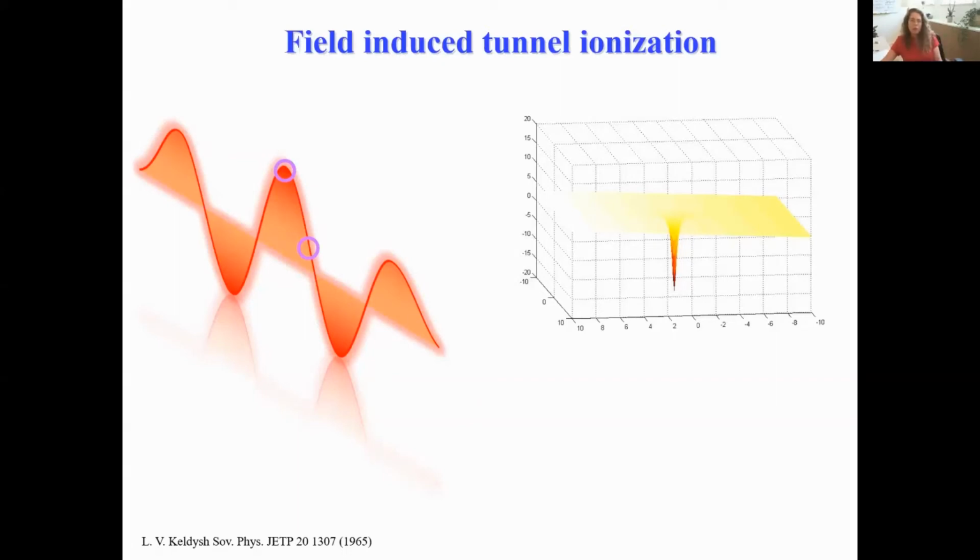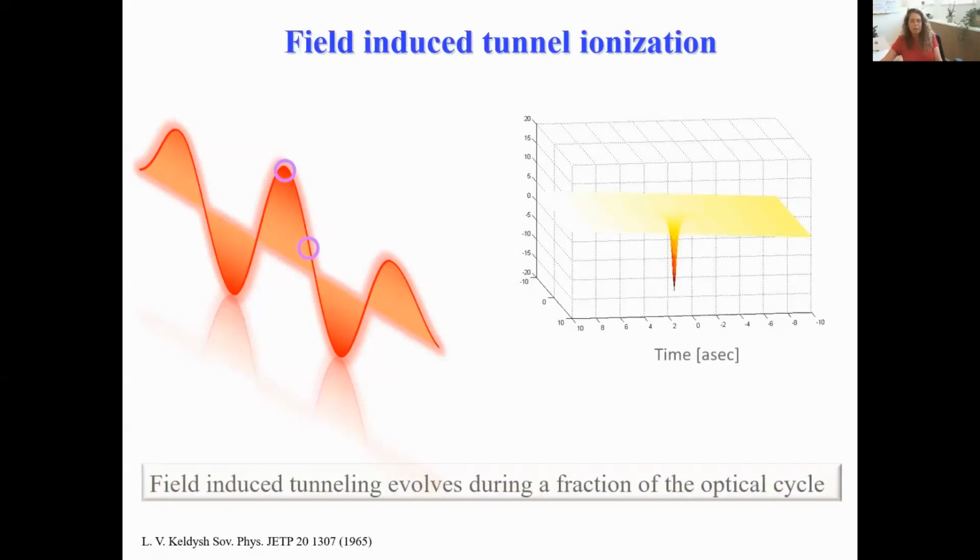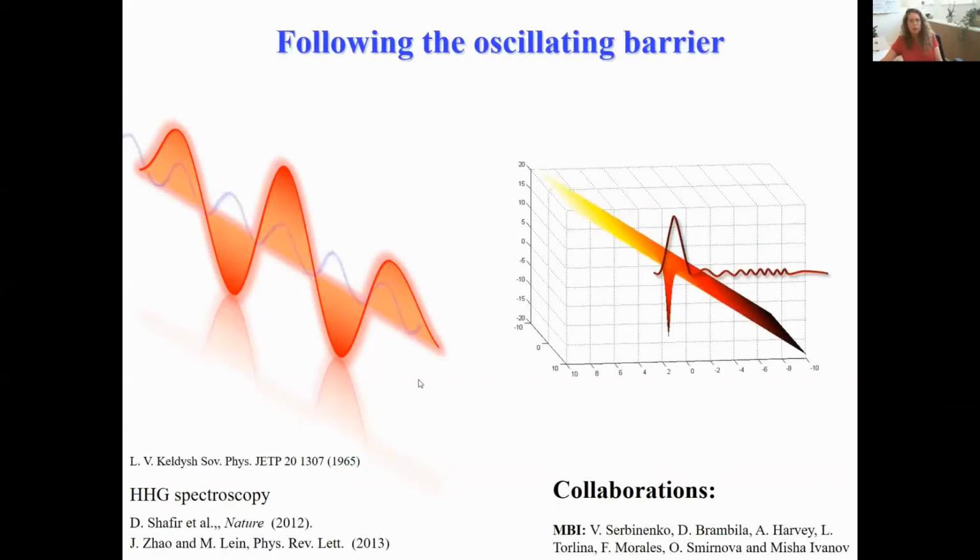Well, in order to do so, we had to look for a gate, and a very simple gate to consider would be a second harmonic field, polarized parallel to the strong fundamental field. And this field can be orders of magnitude weaker compared to the strong fundamental field. However, if the two fields are in phase, then the barrier is slightly suppressed, enhancing the tunneling probability.